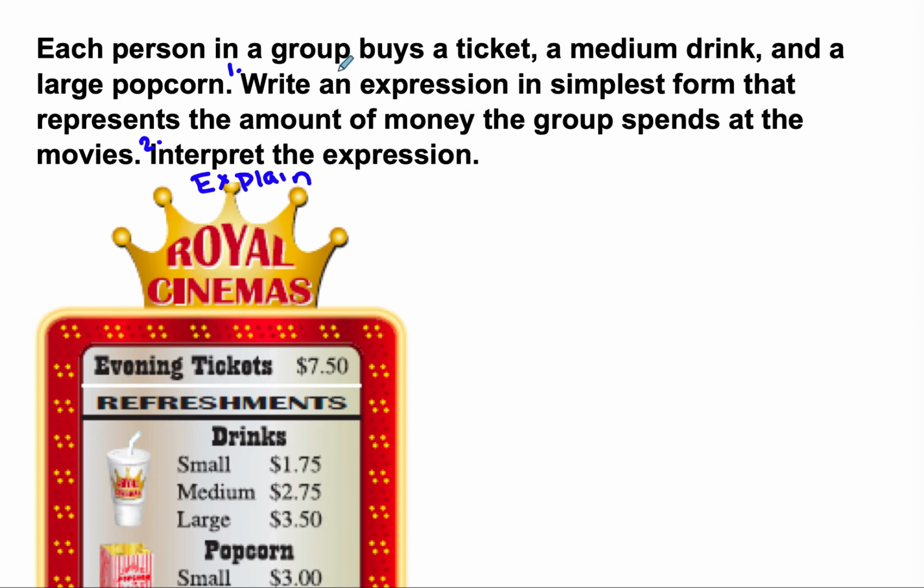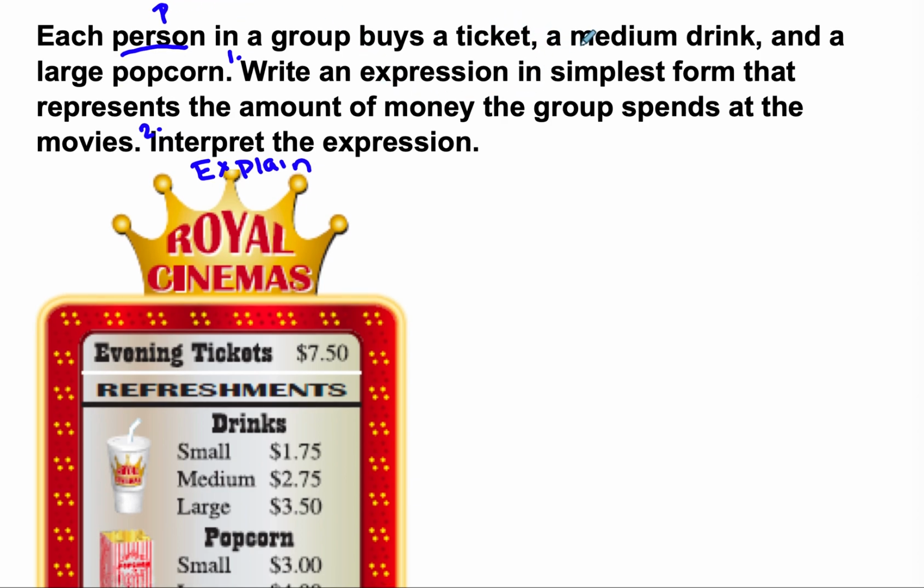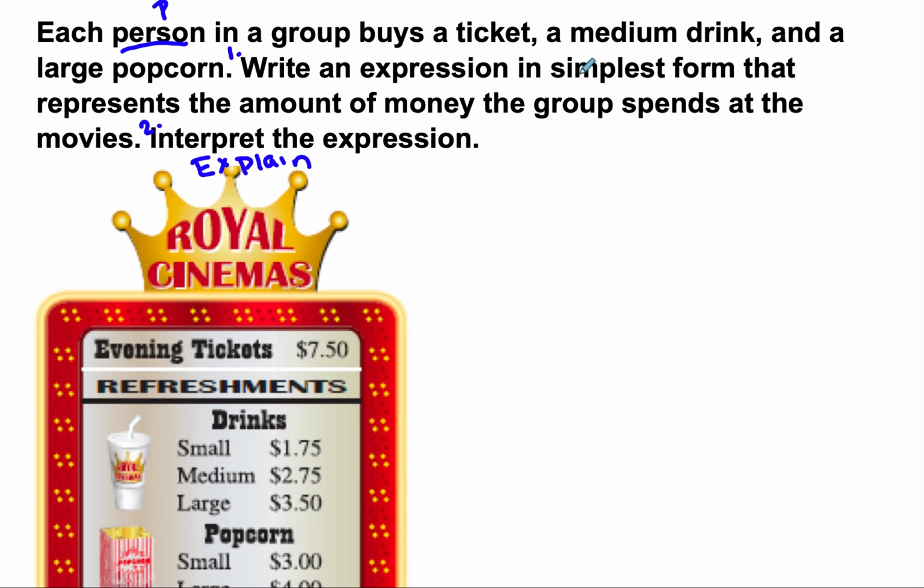Okay, so we're going to start by writing the expression. We don't know how many people we have. Each person. I'm just going to use the letter P to stand for each person. Okay, buys a ticket, a medium drink, and a large popcorn.